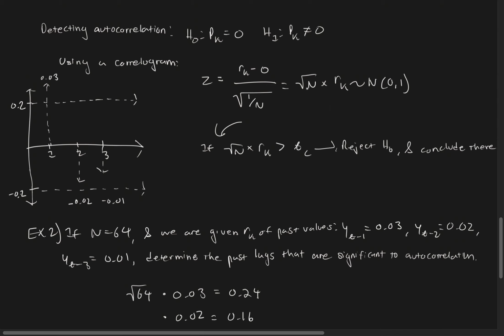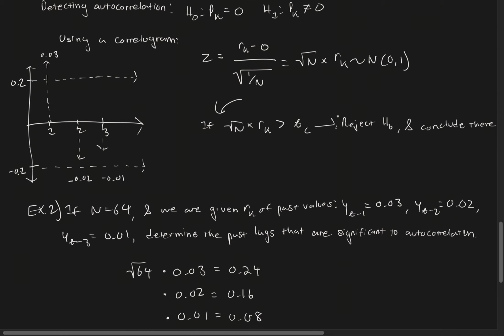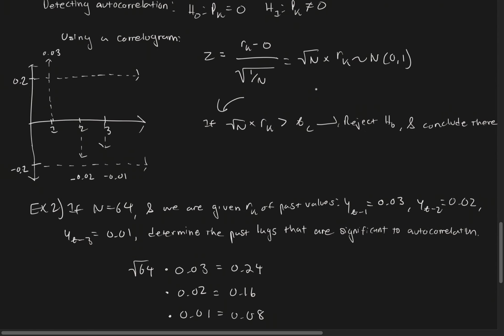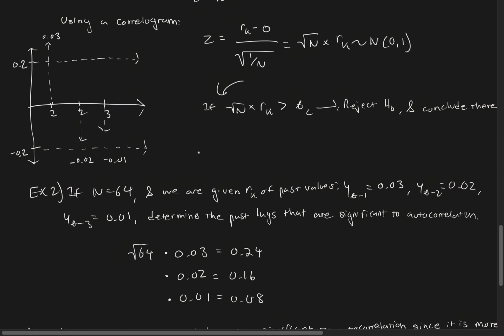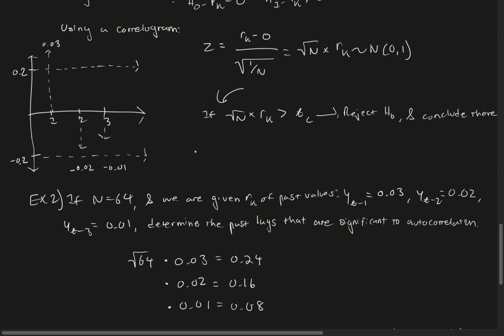If this is greater than the critical value, we can reject the null hypothesis and conclude that there is autocorrelation. Now, compared to heteroscedasticity, we need to determine this one by one, because some values may be autocorrelated, others may not be. It's a finite, but very limited or short, number of values we're going to use.